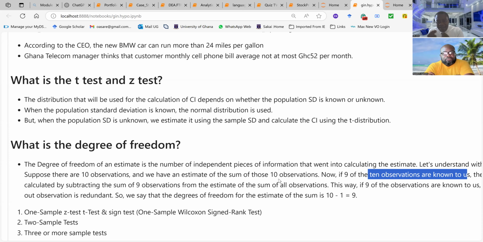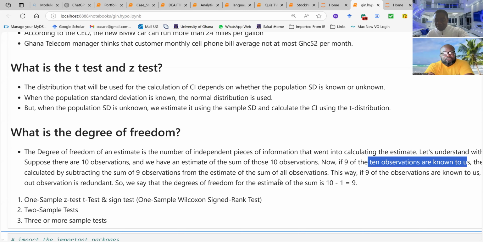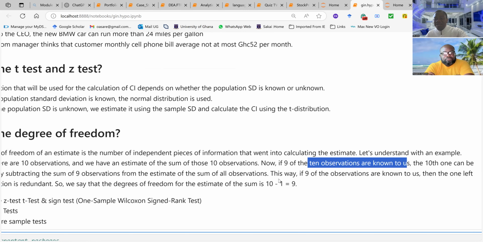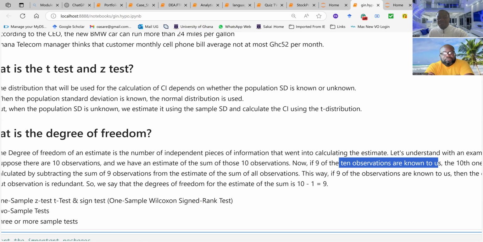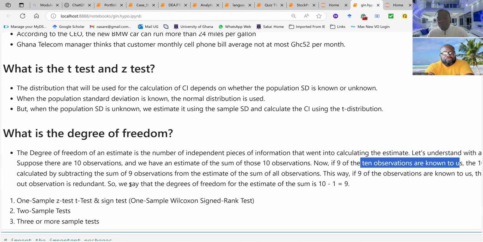This way, if the 9 of the observations are known, of course, they must be known, then the one left becomes redundant, becomes superfluous, useless. So we say that the degrees of freedom for the estimate will be 10 minus 1, making it 9.